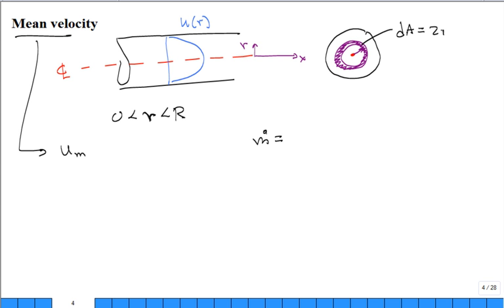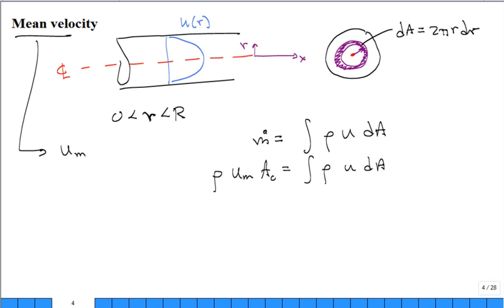Is it 2 pi r dr from calculus? 2 pi r dr. So if you're going to sum the flows over different rings, that's going to be the integral of rho u as a function of r dA. And we want a very simple equation for the mass flow rate. We want it to be u_m times the cross-sectional area.